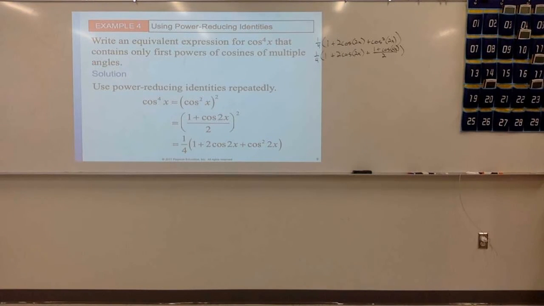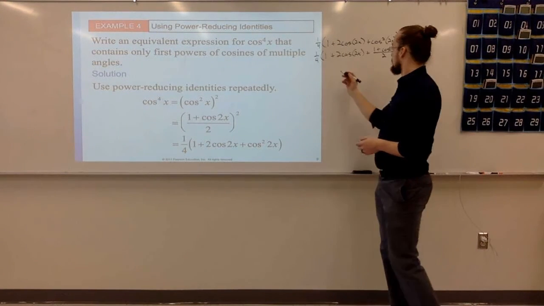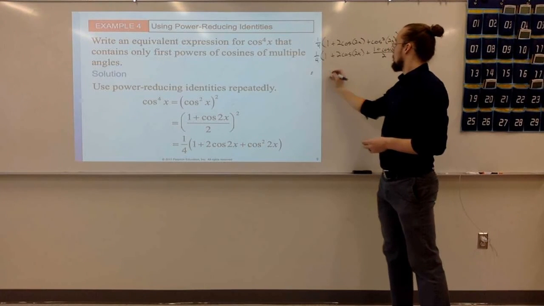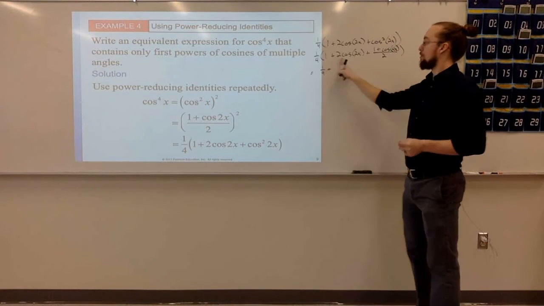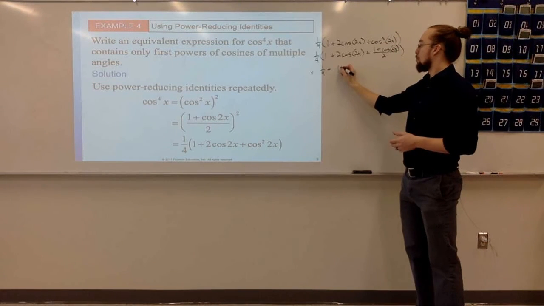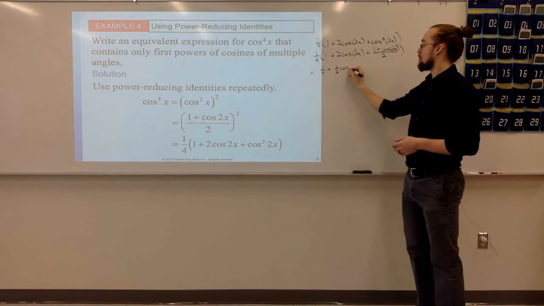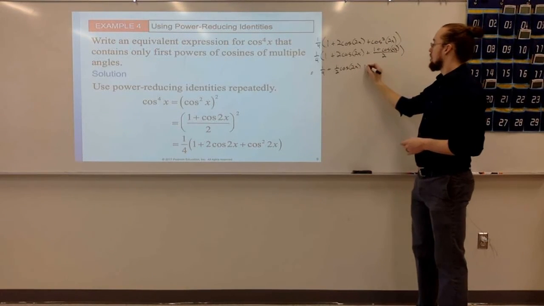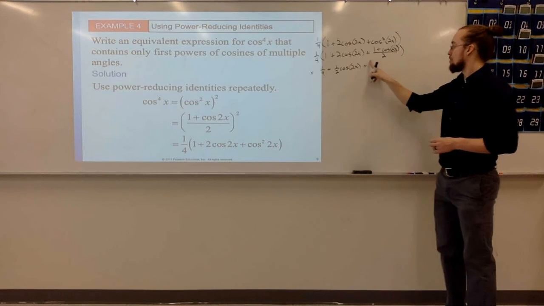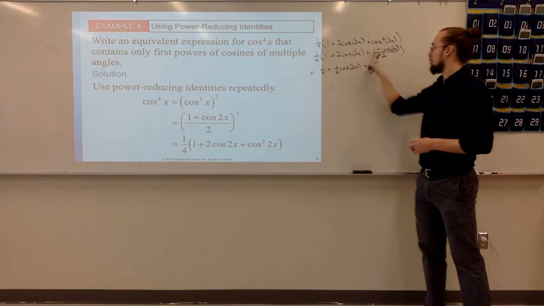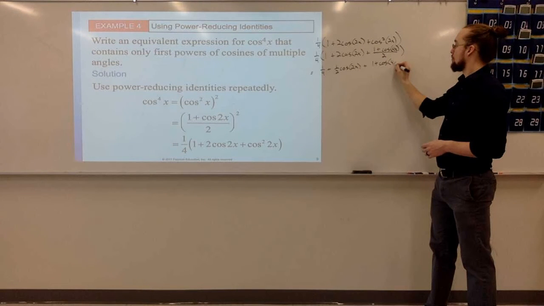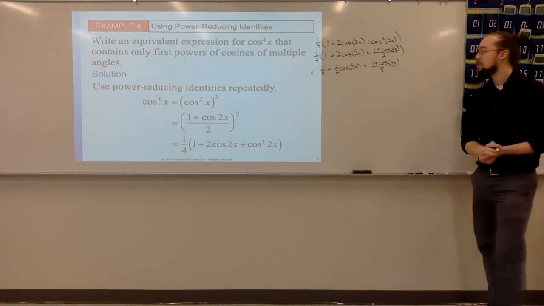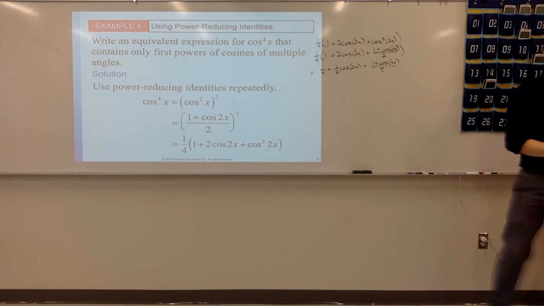But if we wanted to clean it up a little bit, we could distribute the 1/4 out and say this is 1/4 plus 1/4 times 2, which would be 1/2, times cosine of 2x, plus, if I distribute the 1/4 over here, 1 plus the cosine of 4x over 8. 1/4 times 2 here would be 1/8.